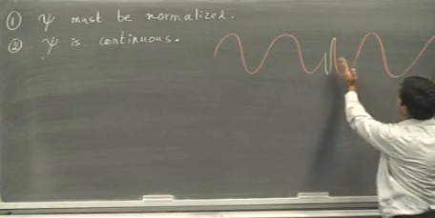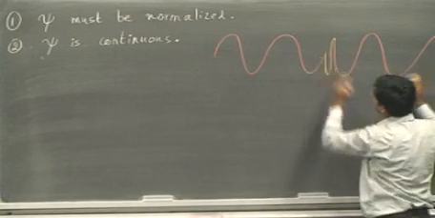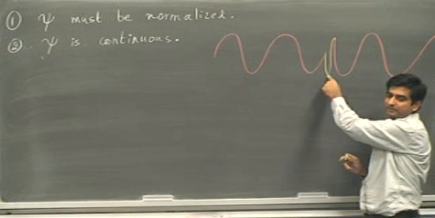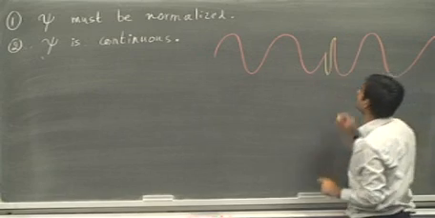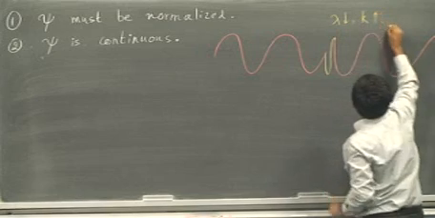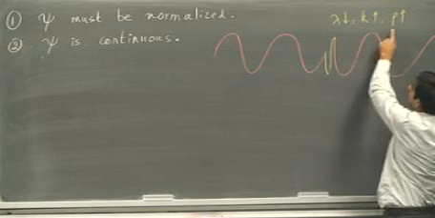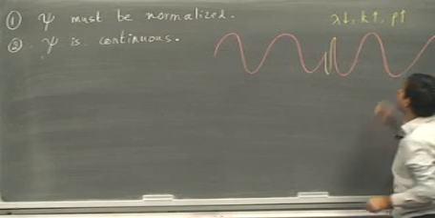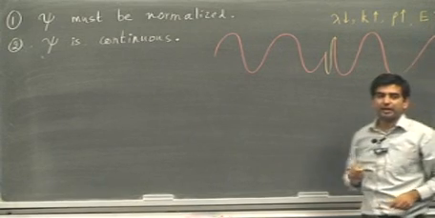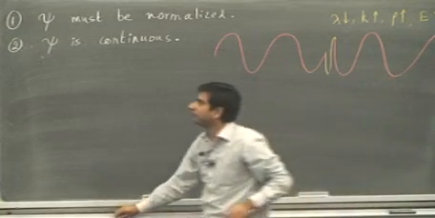So if you bring this right portion of the wave function towards the left portion, then the wavelength of this connecting wave drops. And when the wavelength goes down, lambda goes down, k goes up, the momentum goes up, and when you have a discontinuity, the momentum really goes to infinity. And when the momentum goes to infinity, the energy goes to infinity, and this is not allowed. So this is a simple hand waving argument that the wave function has to be continuous.